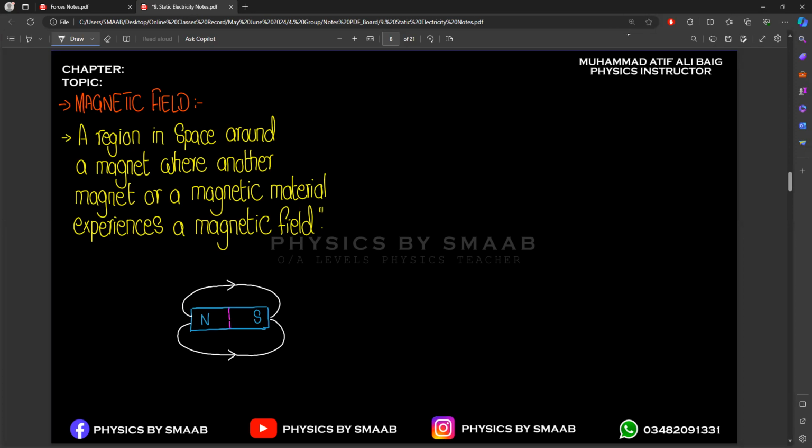And one more important thing, last time we discussed that we have to make the field lines at increasing distance, right? Because as far as we move away from the magnet, definitely the magnetic field starts to decrease. So we have to make them like this. You can see there is increasing distance between the field lines.